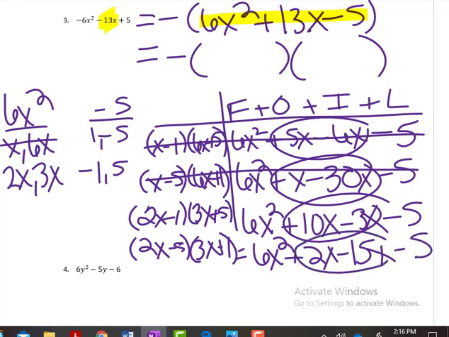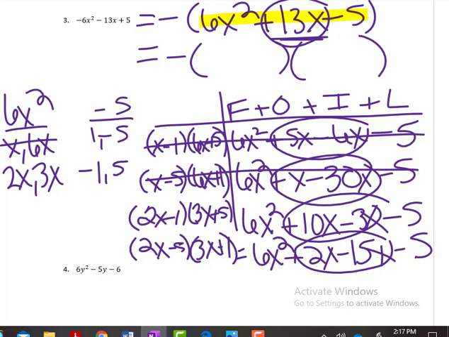When I combine these middle two terms, I get positive 13x. What I needed was negative 13x. Okay, so I am off. I am off by a positive sign, a negative sign.